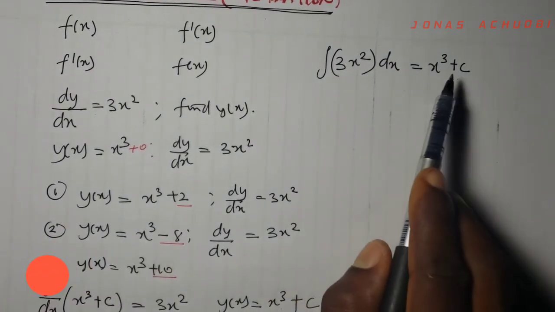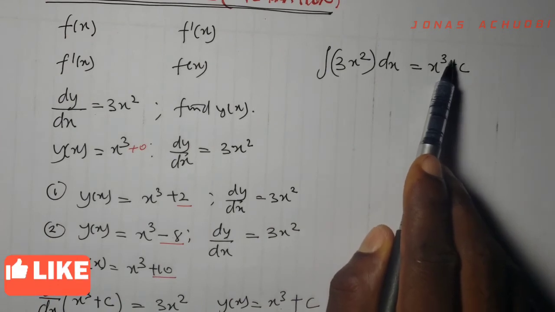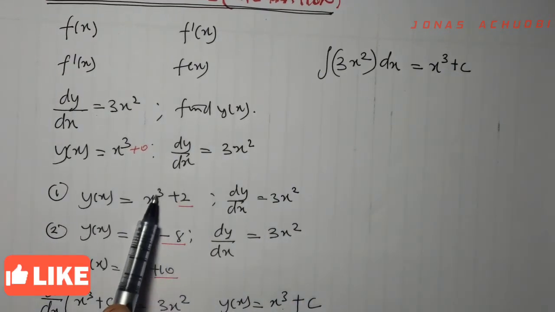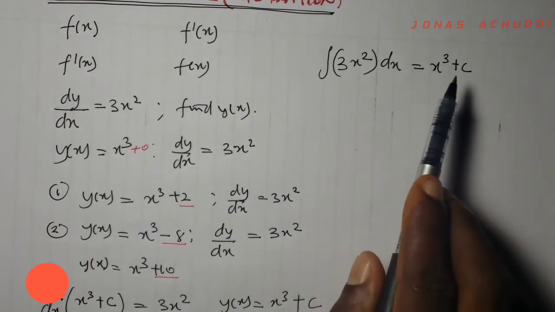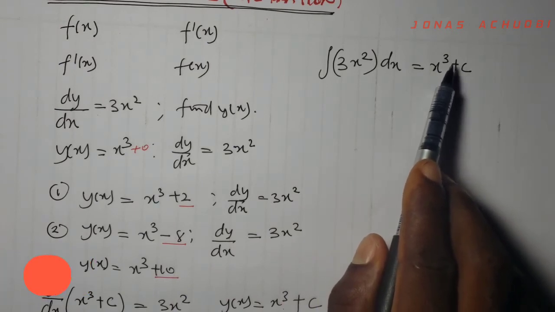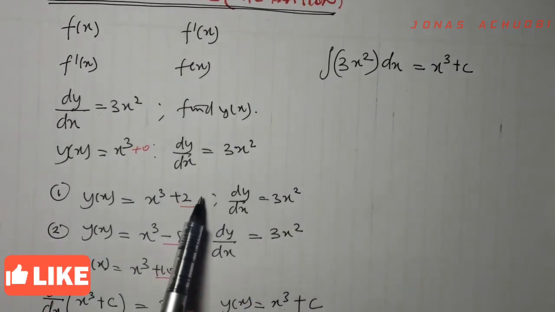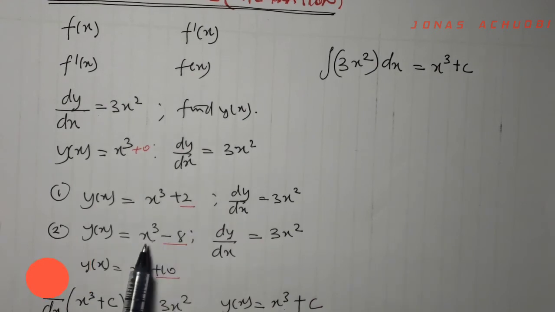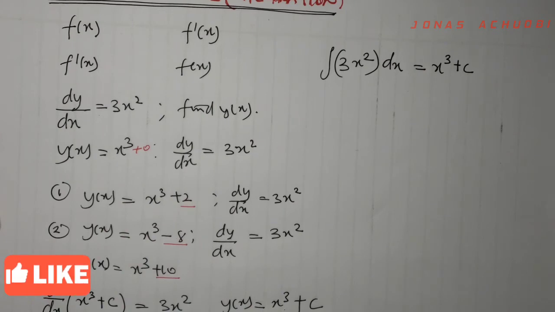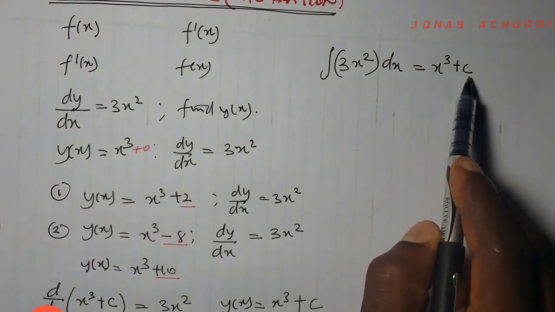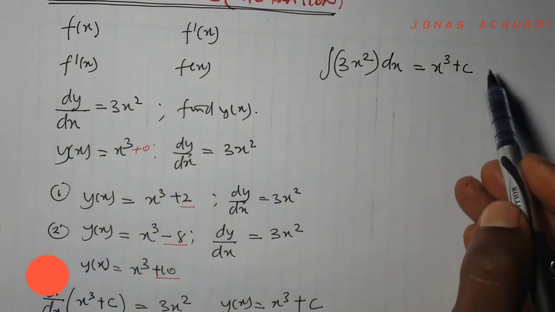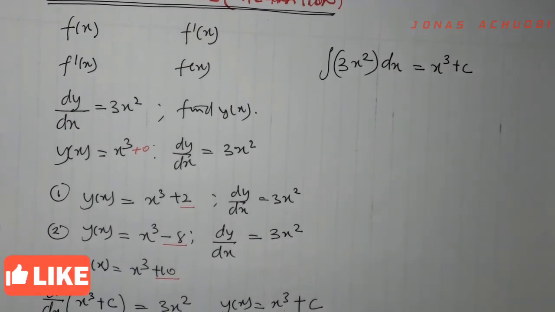For the fact that when you differentiate the function x cubed, there are many functions, there is a family of functions whose derivative is what? 3x squared. So, since you do not know if the function we are talking about is x cubed plus 2, x cubed minus 8, x cubed plus 10, or any other one in that family, we simply say plus what? c. And later on, we shall learn how to determine the value of c.